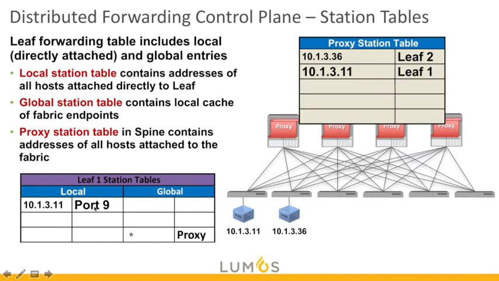So we're looking at the local station table for leaf number 1 here. The local station table has 10.1.3.11 on port 9. So now we know where to find that. Any packet destined for 10.1.3.11, we'll forward out to port 9. In the global station table, we just have the default route for proxy in case we get a packet to forward that we don't know what to do with.